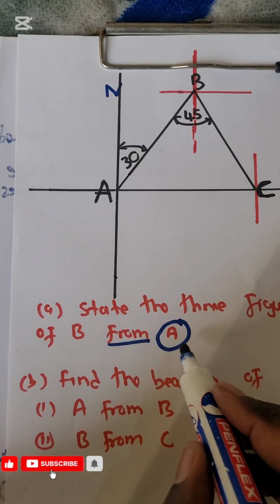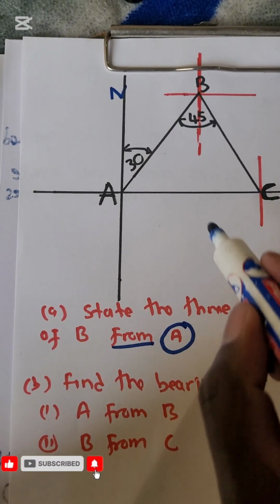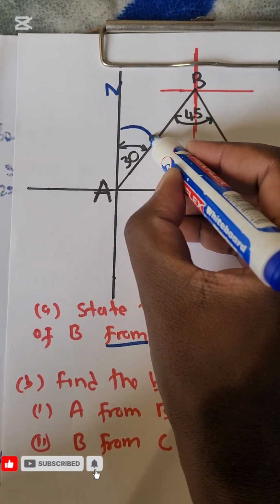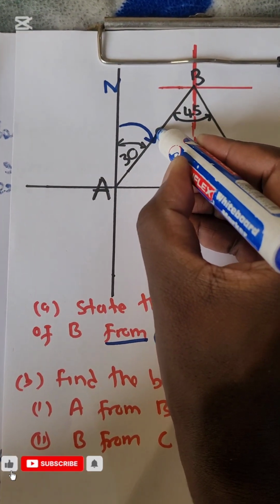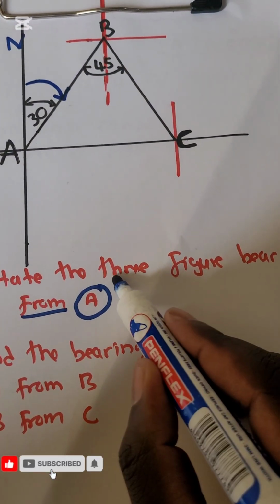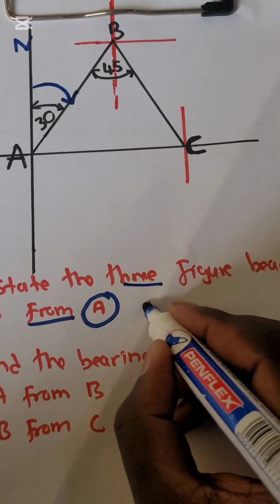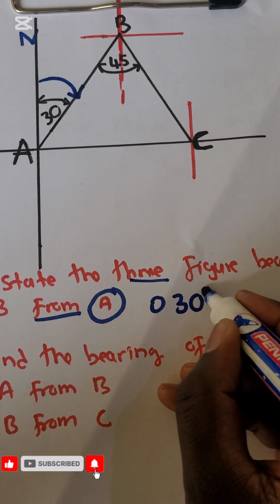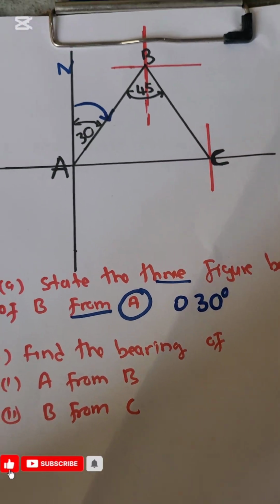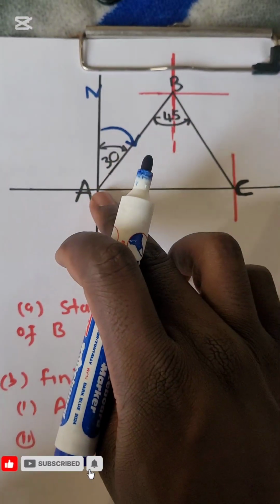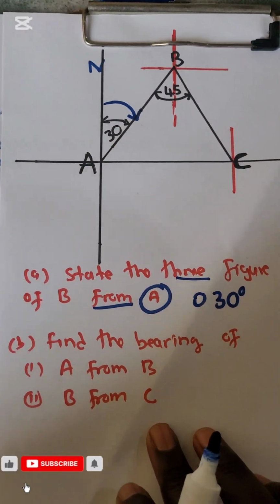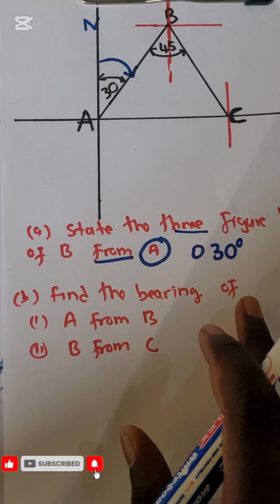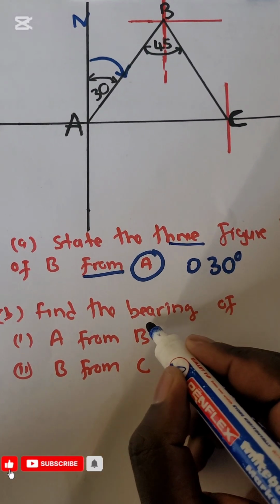A is right here. So the bearing of B from A is 30 degrees. But the question says three figure bearing, so our answer will be 0, 3, 0. That's the three figure bearing of B from point A.